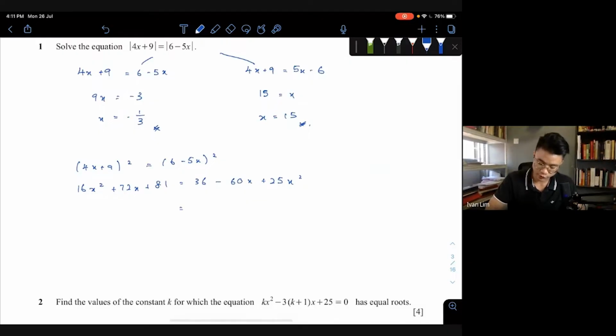Let's move everything to the right-hand side. I feel the second one is longer. Yeah, so it's your preference. You all see which one you prefer. 132x minus 60 minus 81, so minus 141.